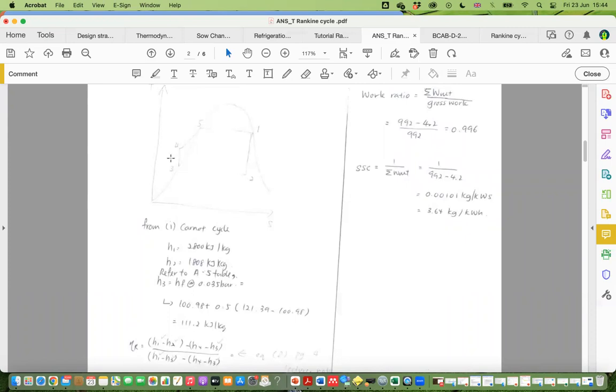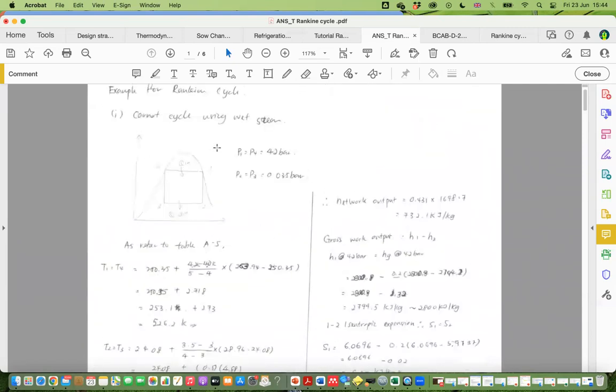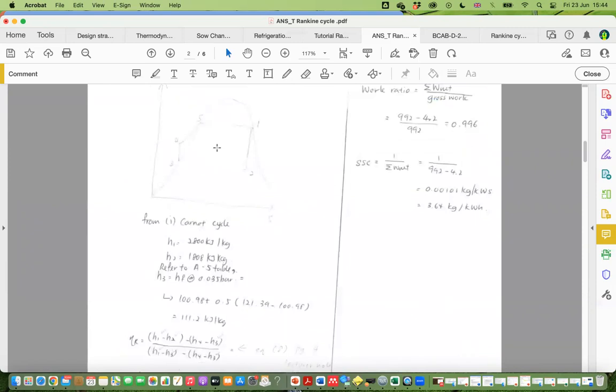The difference is 3 and 5 should be the same as the 4, okay?